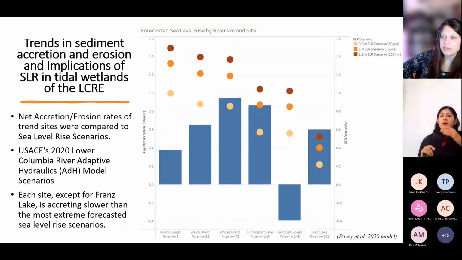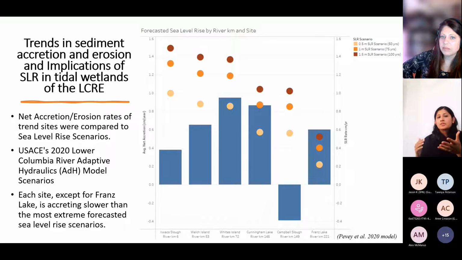We compared the net accretion and erosion rates from our EMP sites to these scenarios, and we noticed that Franz Lake currently is the only EMP site that is keeping up with the forecasted sea level rise. We also anticipate Whites Island and Cunningham Lake to keep up with these scenarios.